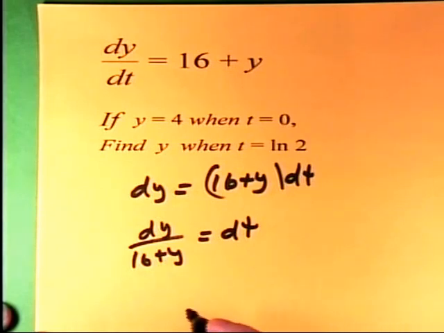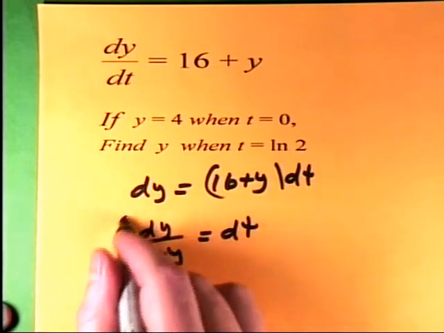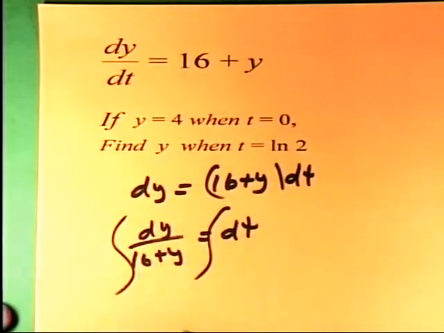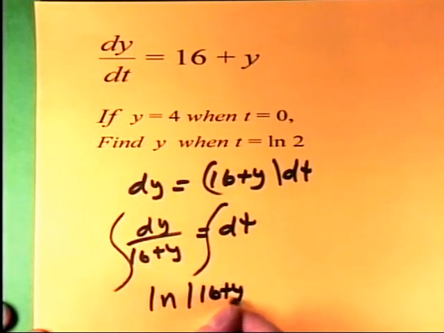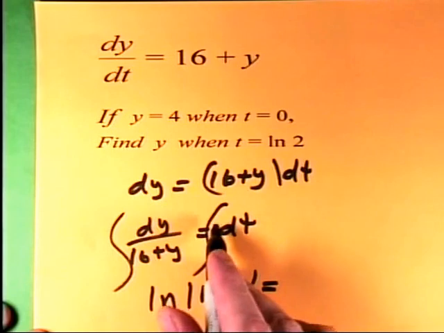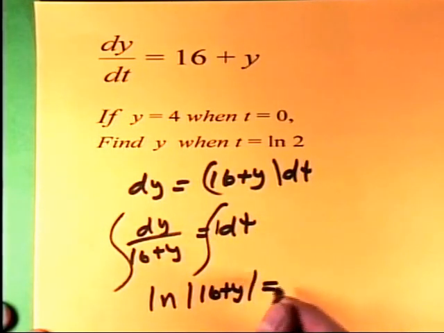You integrate both sides. What's the integral of dy over 16 plus y? The natural log of the absolute value of 16 plus y equals, what's the integral of 1 dt? t plus c.